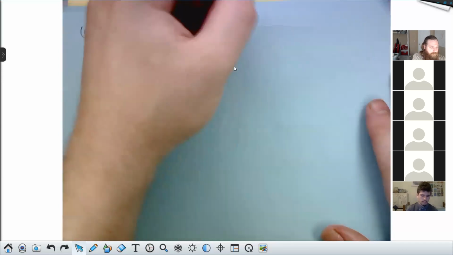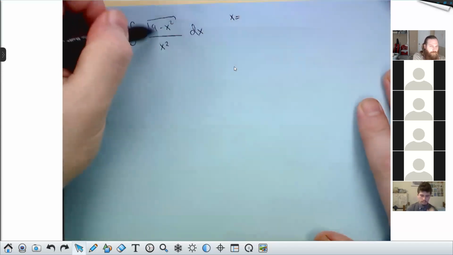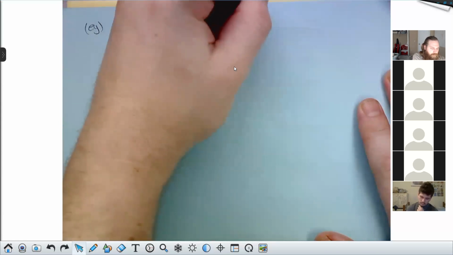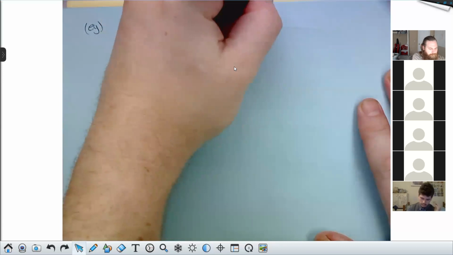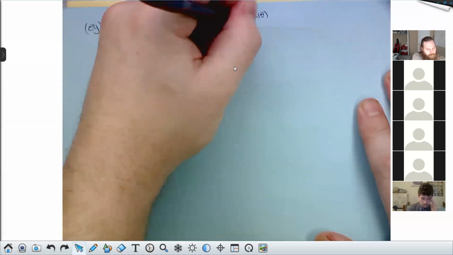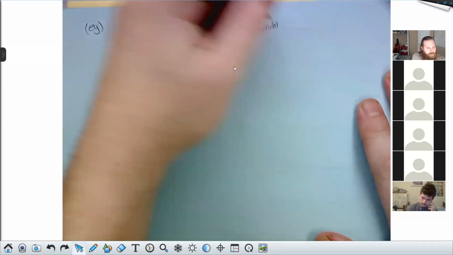So the move is going to be a trig sub. I'm going to let x be equal to, this is a squared, so if a squared is 9, a is 3. So I let x equal 3 sine theta. I calculate dx, which is going to be 3 cos theta d theta.